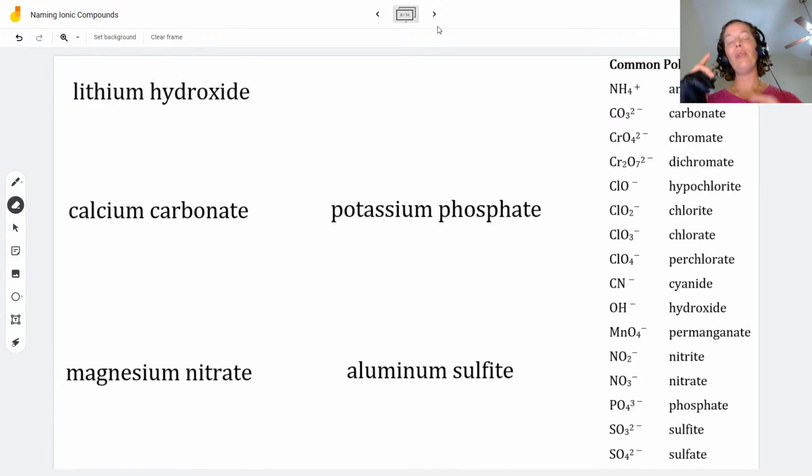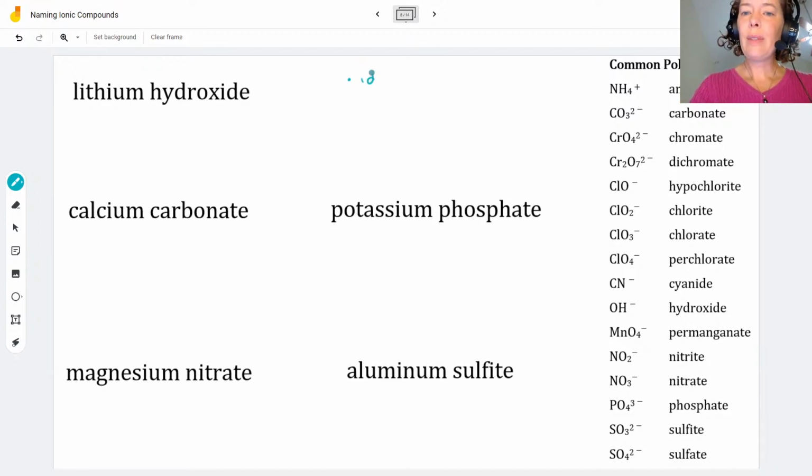And now what we want to do is the reverse. This is going to be a little more difficult because we're going to have to use our math, just like we did with the monoatomic ions, because we need to make neutral compounds. So just like we did before, let's set up a couple of simple rules. Just like with the monoatomic ions, we want to identify our cation and its charge.